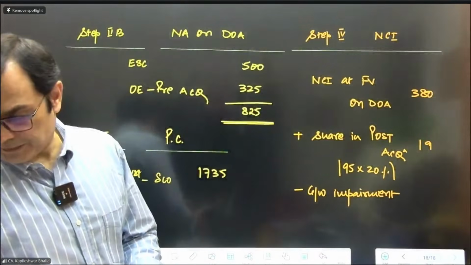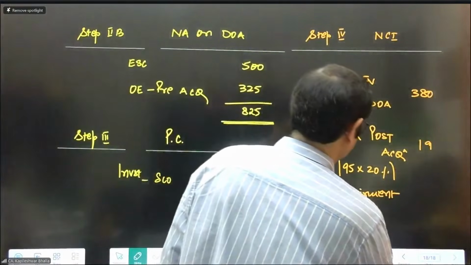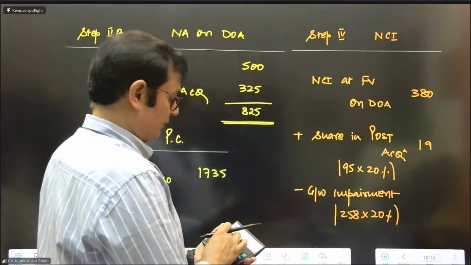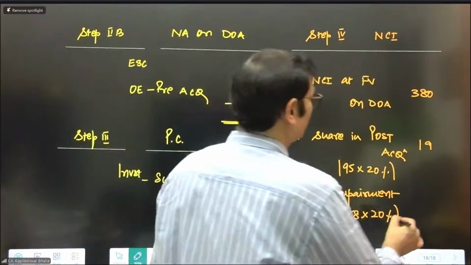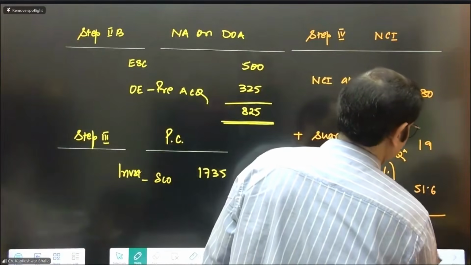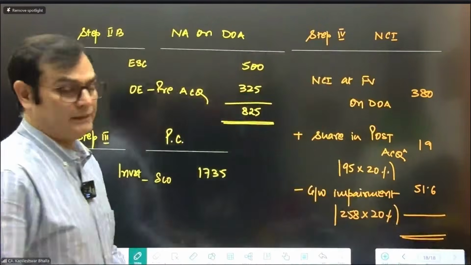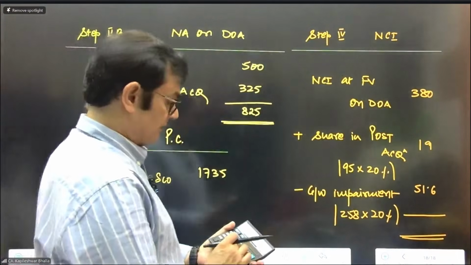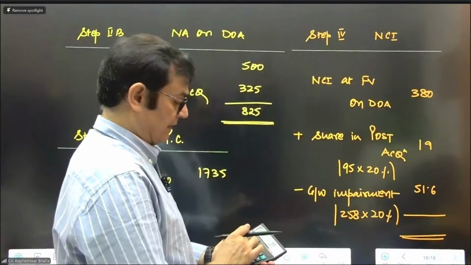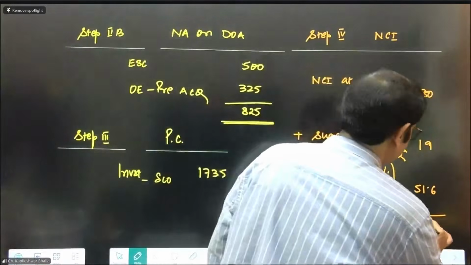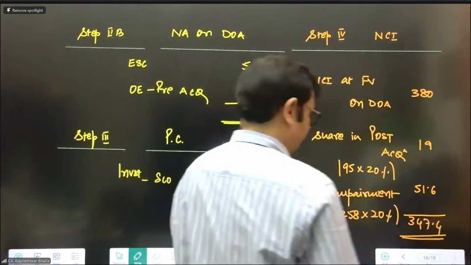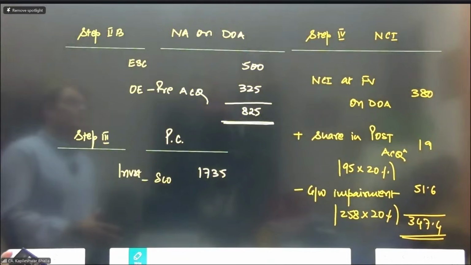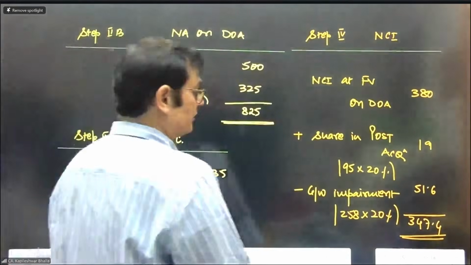Goodwill stands impaired to the extent of 258. 20% is the share of NCI, that's 51.6. So we can get the NCI on the balance sheet date as well. That's 380 plus 19 minus 51.6, which is 347.4. Okay, step number 4 stands done. Now we go to step number 5, which is goodwill.